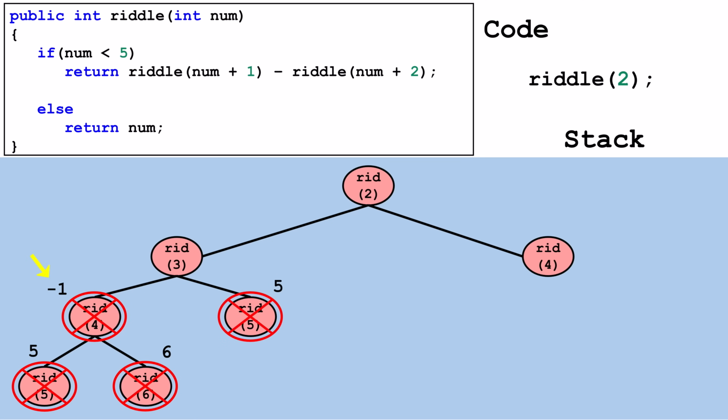We also know that riddle 4 returns -1, so we can plug that in here. Riddle 3 calculates -1 minus 5 and returns -6. Riddle 2 calculates -6 minus -1, which is -5. So our initial call of riddle 2 returns -5.